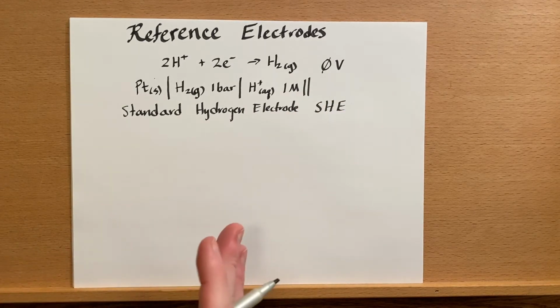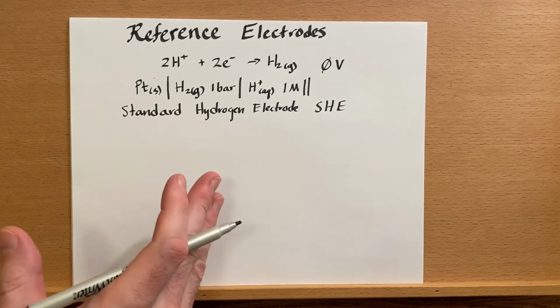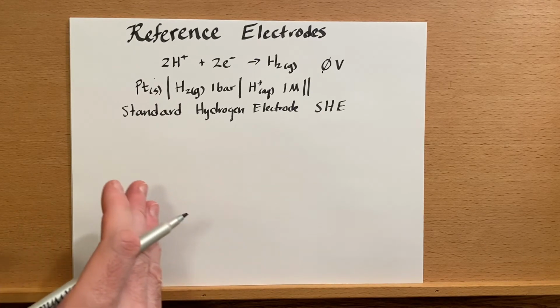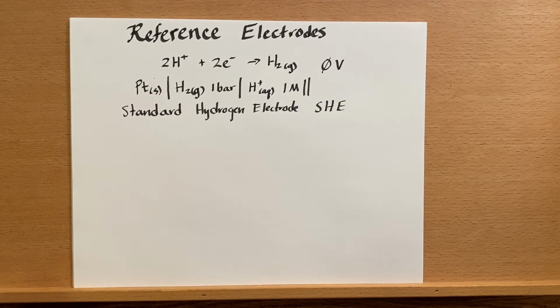And it does so happen that this is right about in the middle of our known substances. You might recall from a previous video that fluorine had a standard reduction potential of 2.866, and lithium had a standard reduction potential of negative 3.05. And so it is pretty much in the middle of those substances.